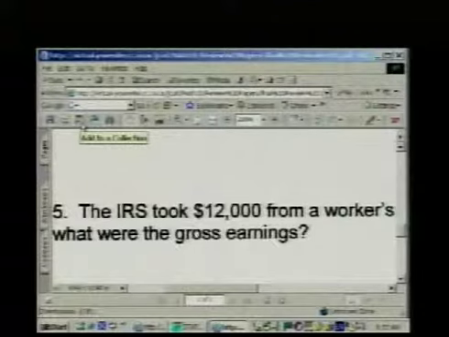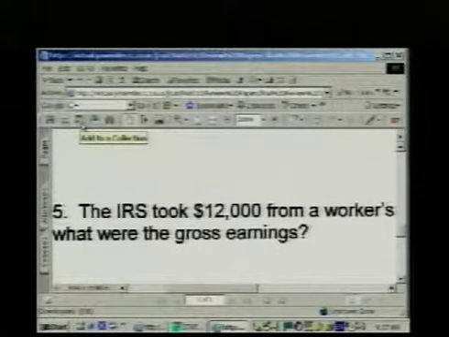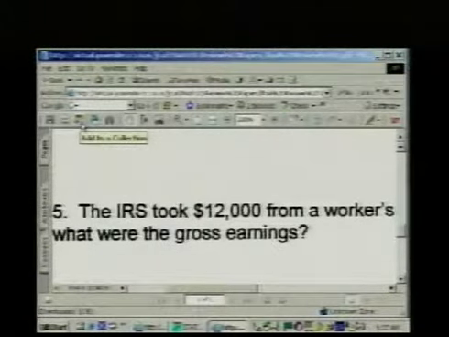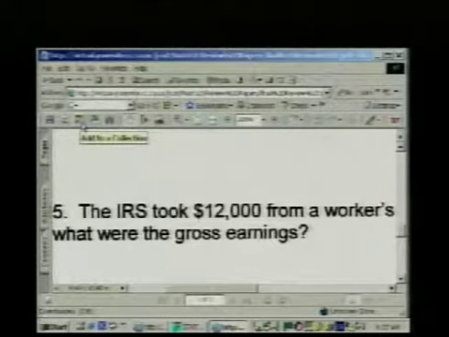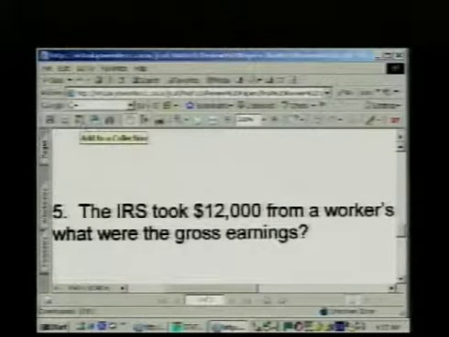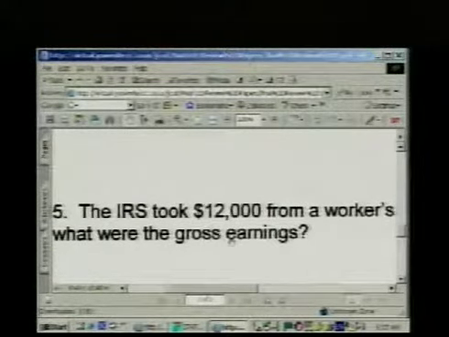They're taking $12,000 a year from this worker's wages. How much is that a month? $1,000 a month. So the question, if they take out $12,000, and by the way, I'm wanting to know what here? The gross earnings.